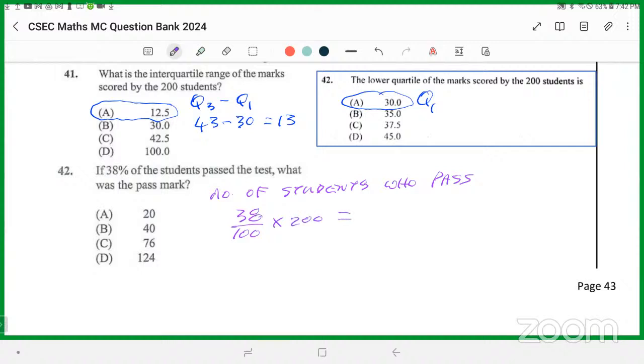That becomes 2 times 38, which is 76. 76 students pass the test. That is the top 76 students.